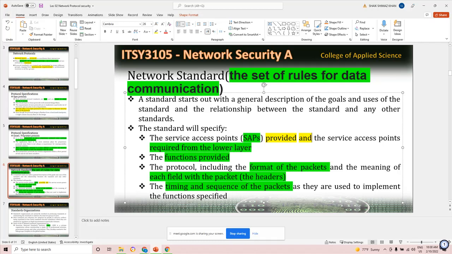If you take the TCP header, source port number and destination port number are important fields. So these fields should be defined, and also the timing and the sequence of the packet should be defined. Is it clear to you? So these are the rules set by the standard committees.